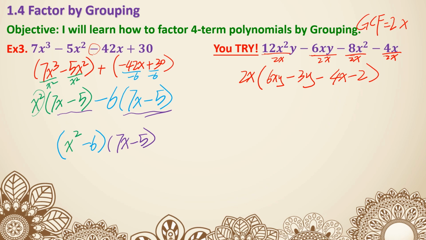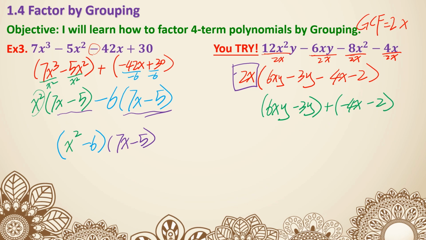And then I'm going to leave that 2x for now, and I'm going to take care of the rest. I'm going to take care of the 4 terms left to do my factor by grouping. So I have 6xy minus 3y, and then just do a plus sign in the middle and attach the negative sign to the terms. You have a -4x and a -2.